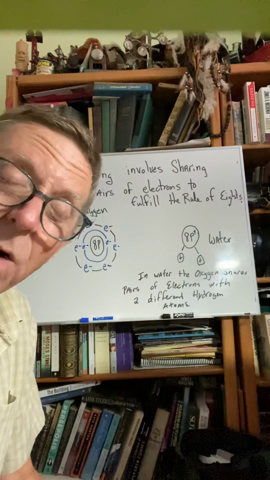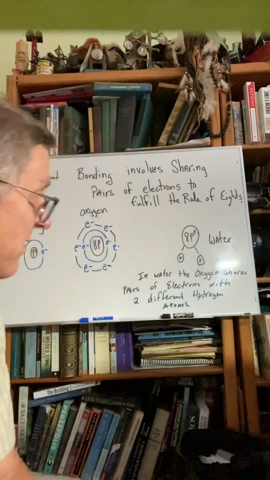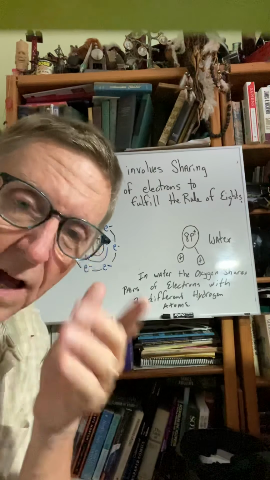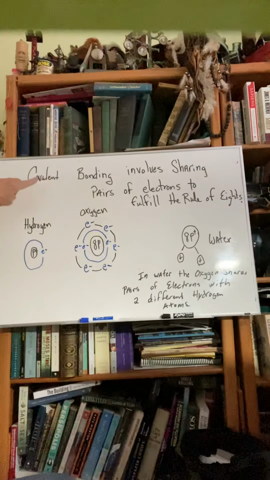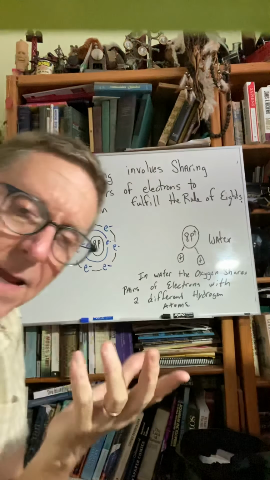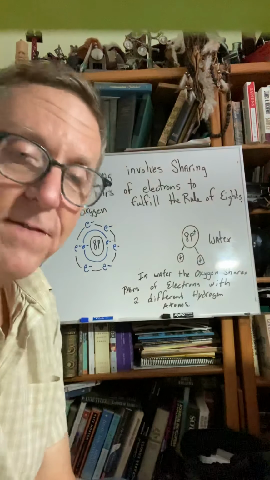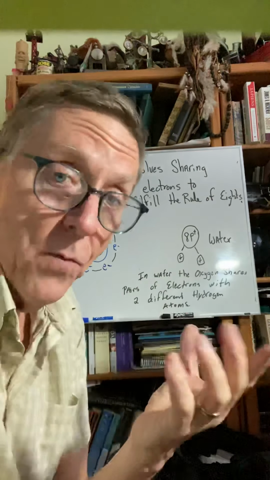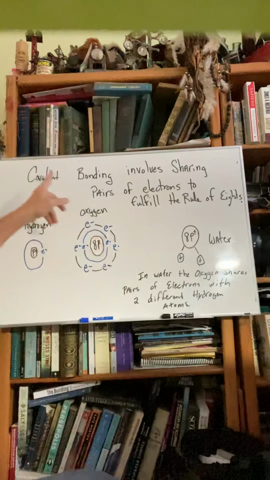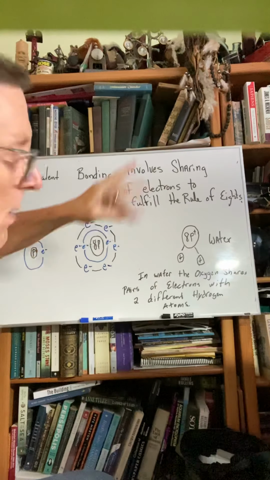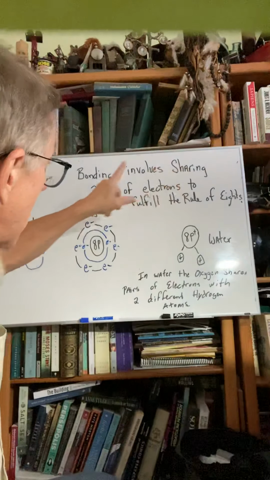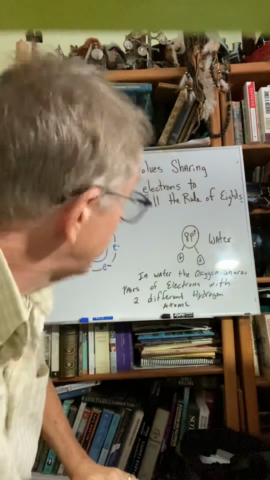See, so what it does is it does this other kind of chemical bonding called covalent bonding. And what happens is they don't have to just own the electron, they can actually share it with the partner. So in covalent bonding, the 2 atoms that are involved share pairs of electrons.